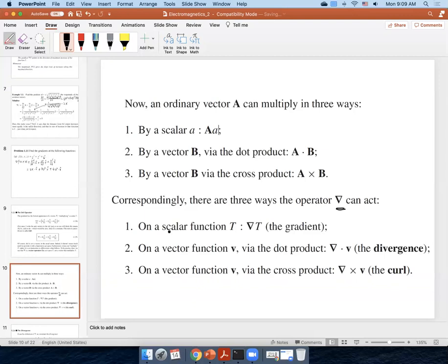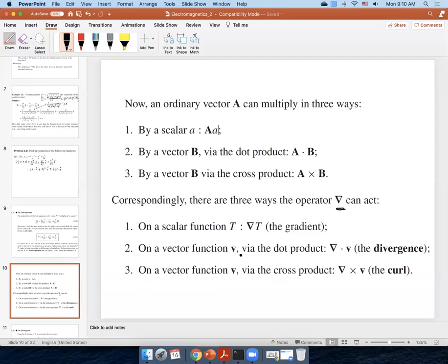On a scalar function, for example, the temperature in the room, which is a scalar function T, you can use del T. It results in the gradient of this scalar function. For a vector function V, what is a vector function? We're going to introduce a little bit of vector function in the later slides.